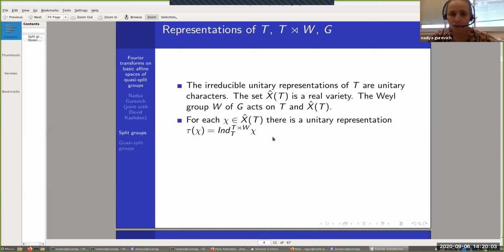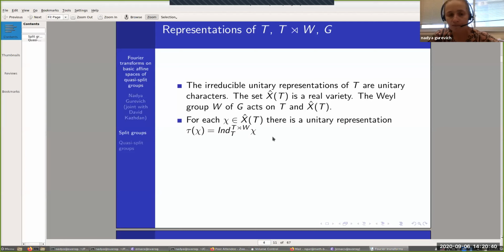So let us just note that since W acts on T, we can consider the semi-direct product of T with W, and for any unitary character chi, the induction from T to T times W gives a unitary representation. In fact, any unitary representation of this finite extension T times W is either such a representation, tau of chi, or a component of it in case it's reducible.